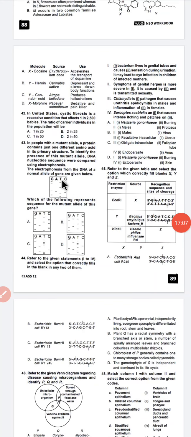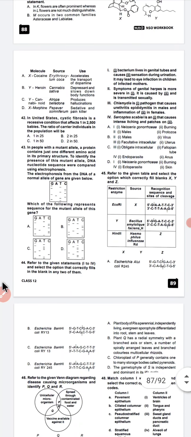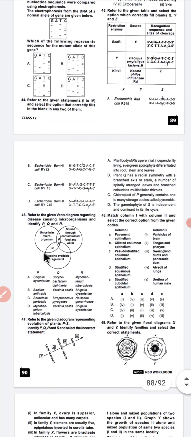You have to identify which of the following represents the sequence of the mutant allele of this gene. See this sequence GATC, and here are these 4 sequences. You have to choose the correct one. The correct answer option is A.